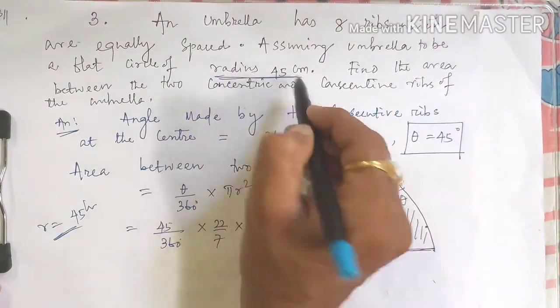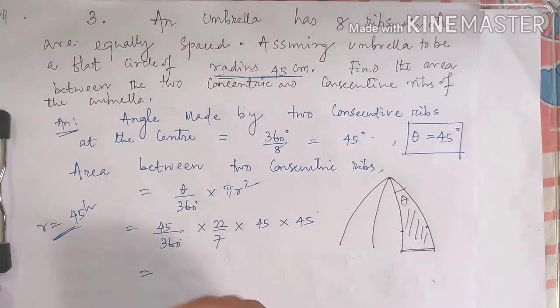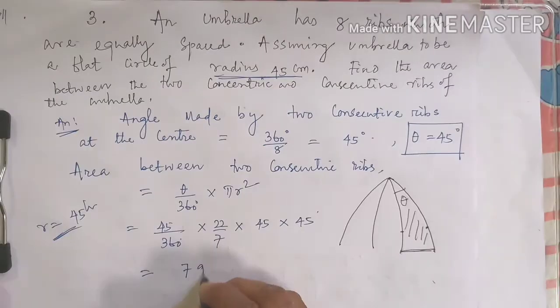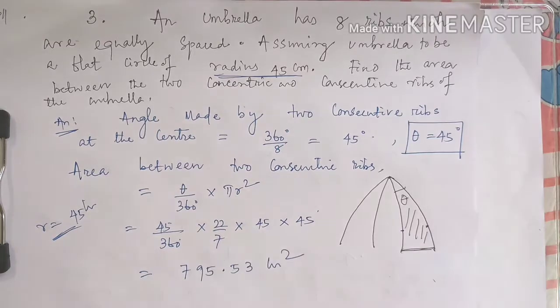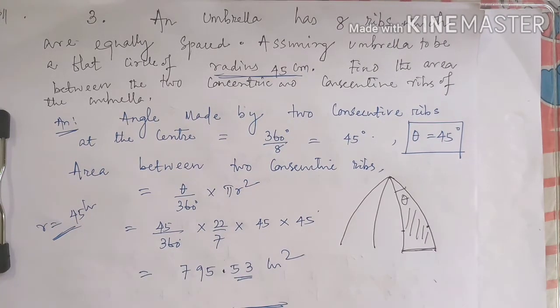Now by calculating and simplifying, we will get the value. It is 795.53 square centimeter. How is it? You will get it here by cancelling and calculating, simplified up to 2 decimal places. The value is 795.53 square centimeter.